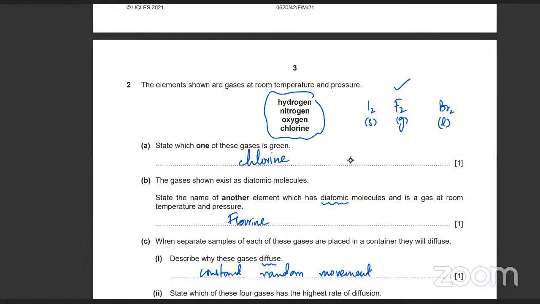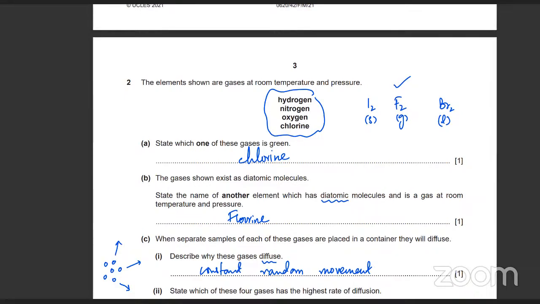Liquids or gases, they're constant. Like if I spray perfume over here, why do the particles diffuse? Because they're constantly randomly moving in different directions, so they spread out. Okay, so that's the reason why this happens. Clear? Yes, indeed.